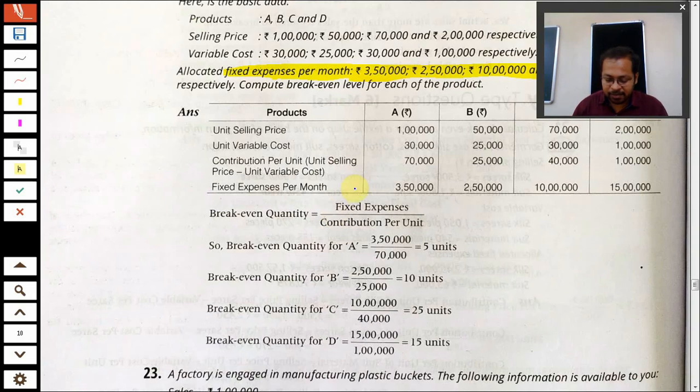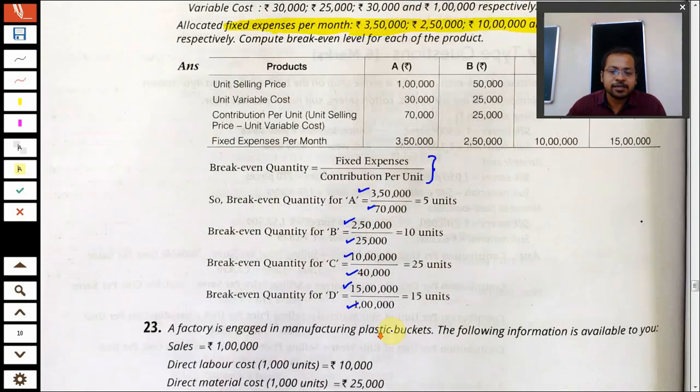Break even is nothing but fixed expenses divided by contribution per unit, and we have both these values available. Fixed expenses for each item is given and we divide it with contribution per unit, okay, which is also calculated. So this question was very easy.